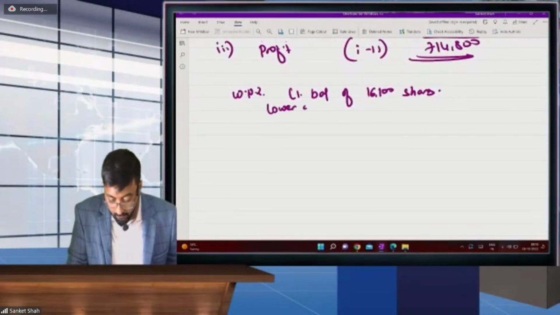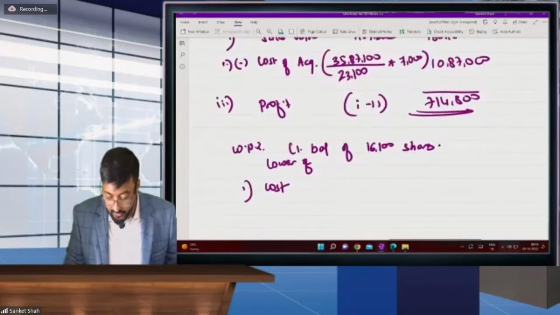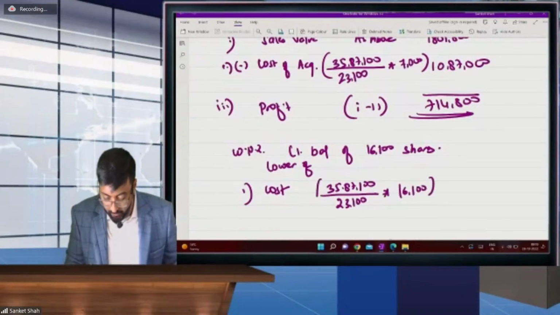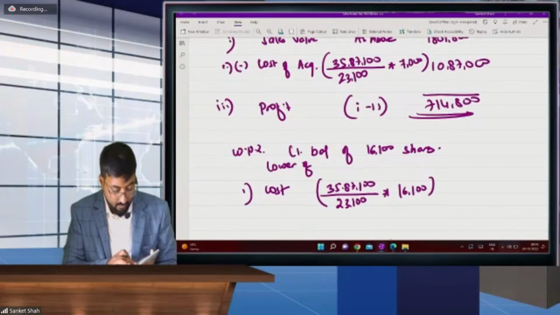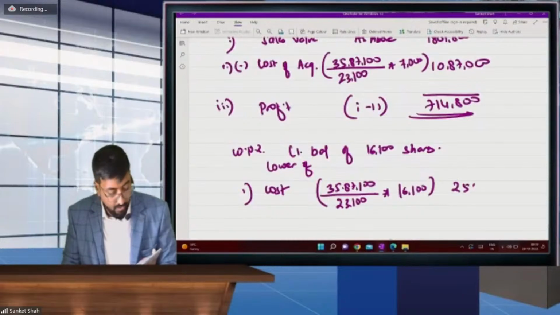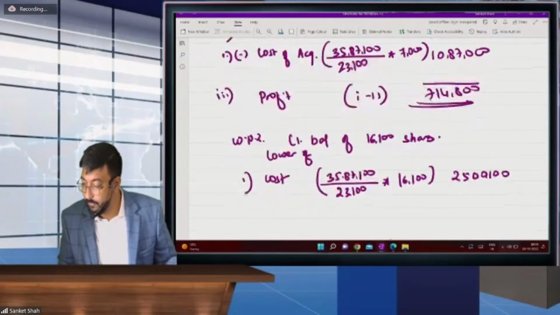Lower of cost or market value. Cost is 35,87,100 divided by 23,100 into 16,100. $25,100,000.